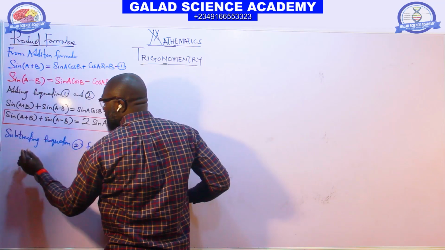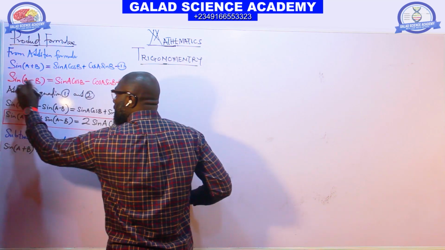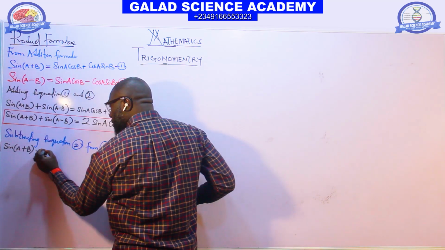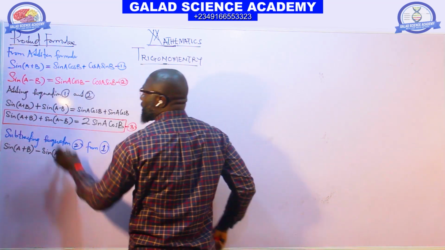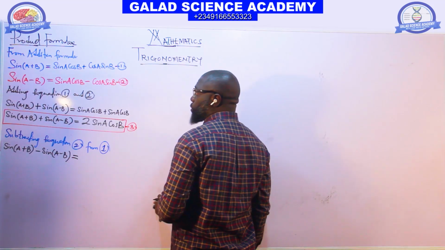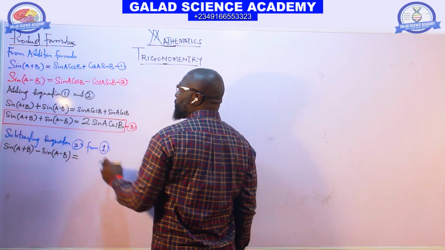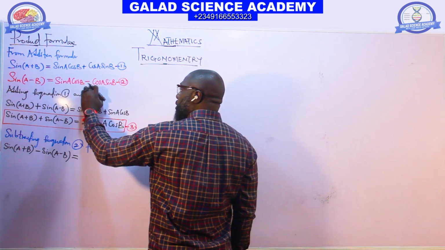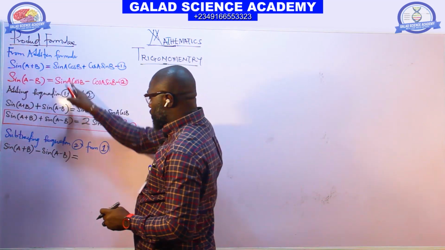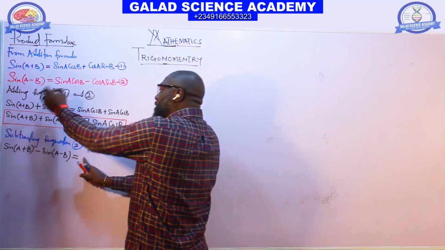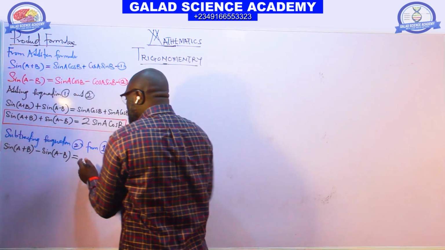This is equation 1, sine A plus B. This is equation 2, minus sine angle of A minus B. When we are subtracting, the sine A cos B terms cancel each other, they become 0. And the minus times minus gives us plus.